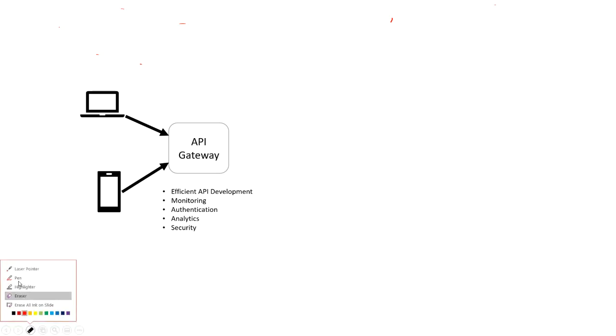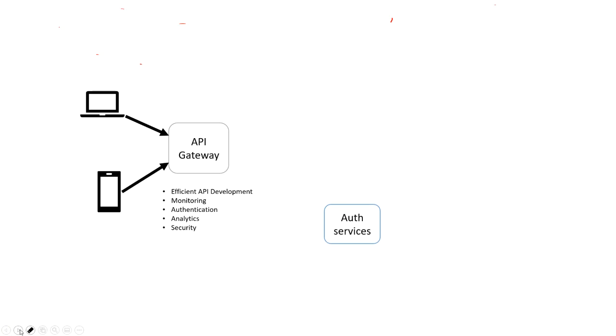Now let's go one step further. Since they said that they are okay with the microservice architecture, what I would do is I will come up with three services. One is the authentication service. Authentication service basically takes care of all the authentication.